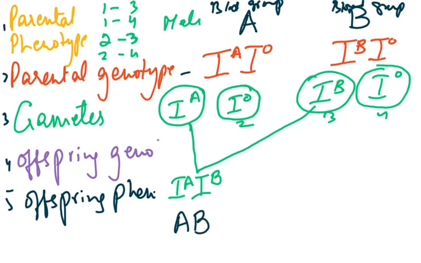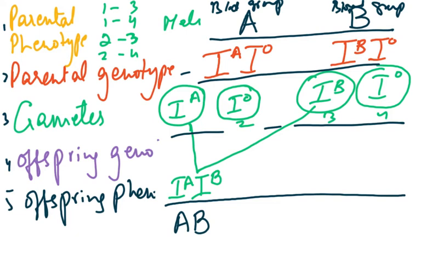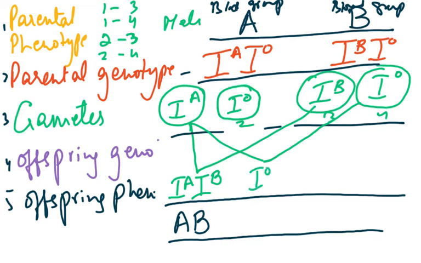So you see, this was one line, this was the second line, this is the third line, and now this would be the fourth line, and then we've got the fifth line, the last one. And if I continue doing that, I said 1 and 3, then 1 and 4. This will be IAIO, and this person would be blood group A.